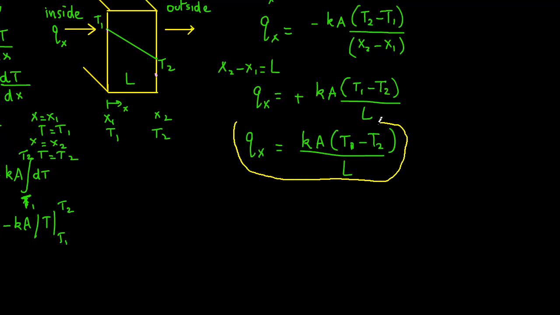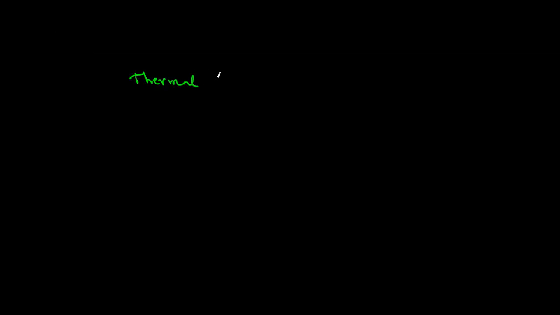So this is now a very useful equation that we can use to find out the rate of heat transfer. Now at this point I would also like to introduce another concept. The concept is called the thermal resistance concept.